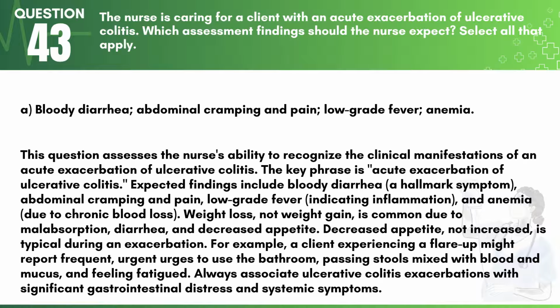Weight loss, not weight gain, is common due to malabsorption, diarrhea, and decreased appetite. Decreased appetite, not increased, is typical during an exacerbation. For example, a client experiencing a flare-up might report frequent, urgent urges to use the bathroom, passing stools mixed with blood and mucus, and feeling fatigued. Always associate ulcerative colitis exacerbations with significant gastrointestinal distress and systemic symptoms.